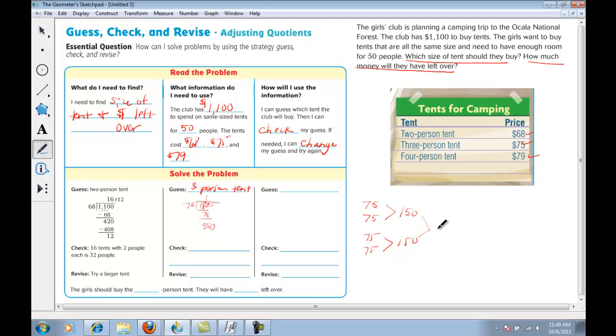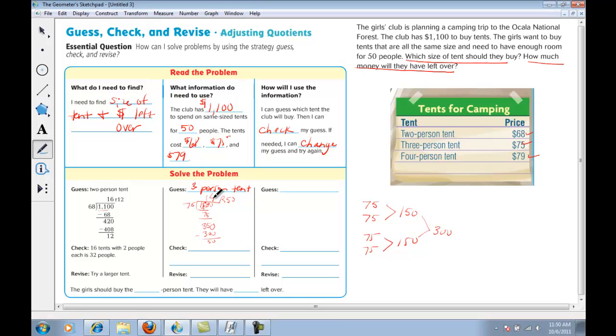And I know that 150 and 150 is 300. That's as close as I'm going to get with 75. So I'm going to say here that it's going to go into it 4 times. I know that 4 groups of 75 is 300 and there's 50 left over, and that's not enough to go into each group. So my quotient is 14 remainder 50.